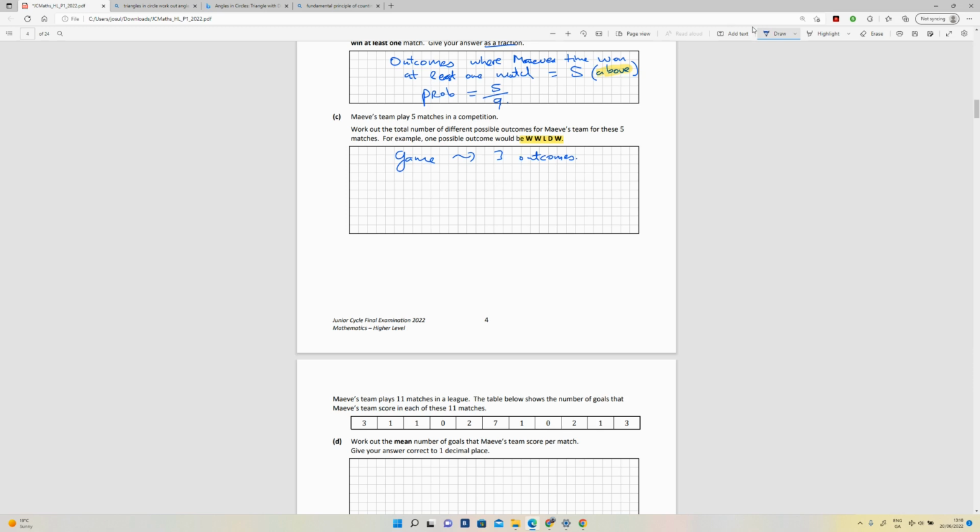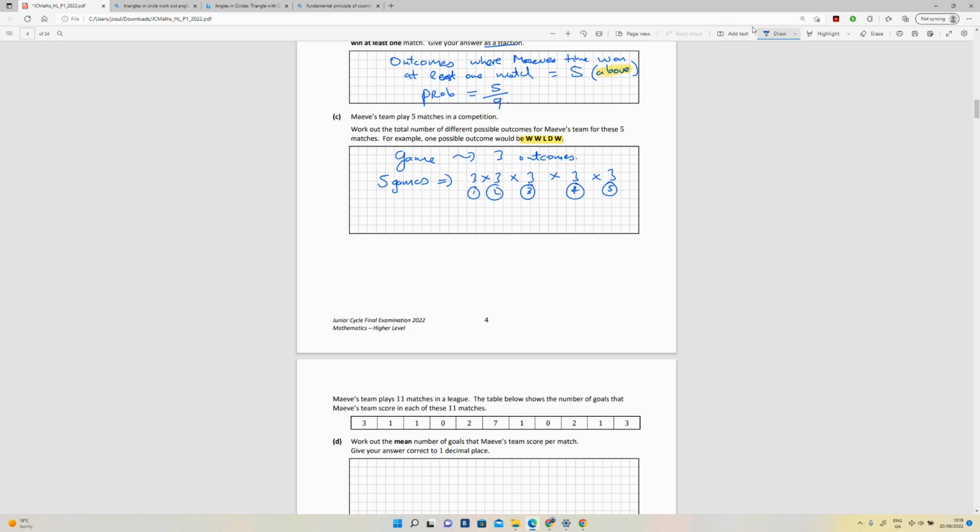So if you have 5 games, that means you've got 3 outcomes by 3 outcomes by 3 outcomes by 3 outcomes by 3 outcomes. So that's game number 1, that's game number 2, game number 3, game number 4, and game number 5.